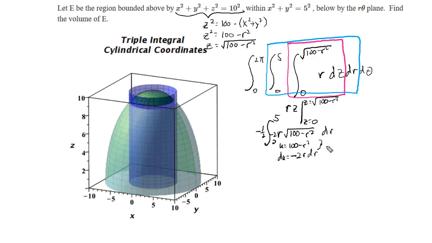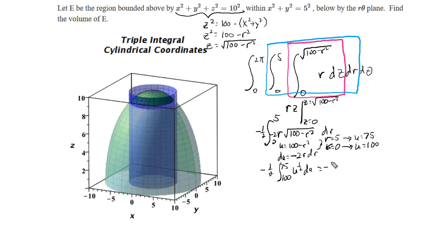We'll go ahead and use this to convert our limits. The r equals 0 would convert to u equals 100 minus 0, the r equals 5 would convert to u equals 100 minus 25. So then our integral becomes from 100 to 75 of the square root of u, or u to the 1/2 power.